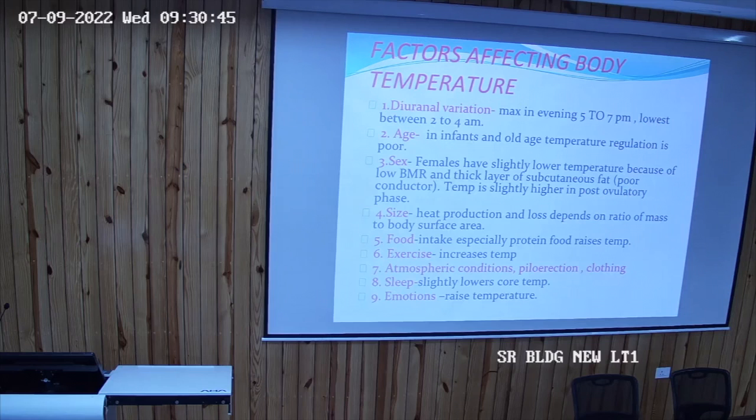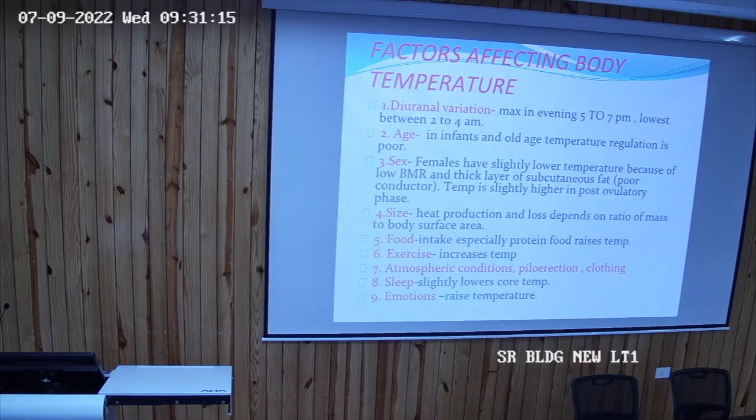So gender is also responsible for variation in core body temperature, but this difference is brought about with the help of hormones. In males, it is testosterone. In females, the increase in temperature is brought about with the help of progesterone. Clear? Heat production and loss depends on the ratio of mass to body surface area.